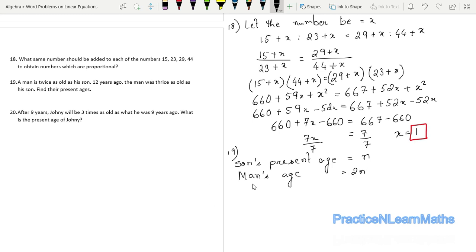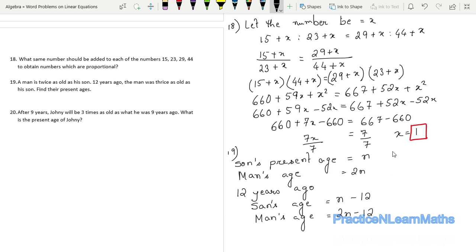And 12 years ago, the son's age is equal to n minus 12 and the man's age was 2n minus 12.